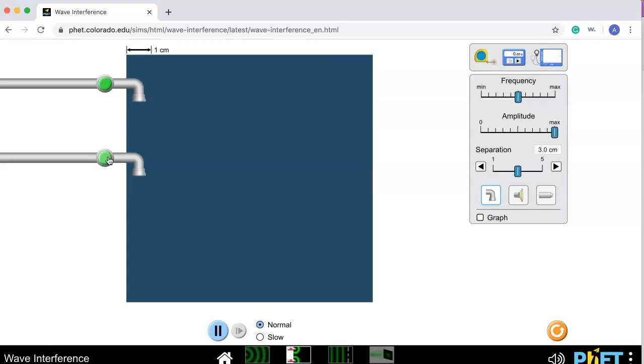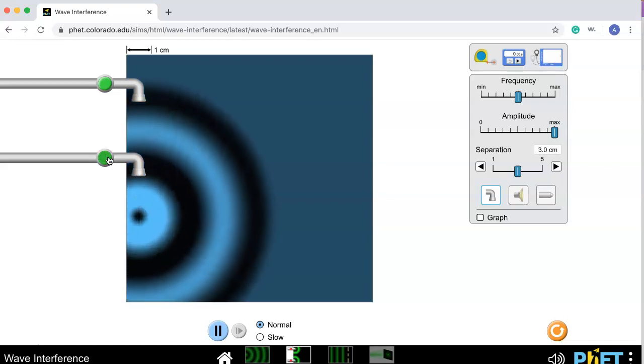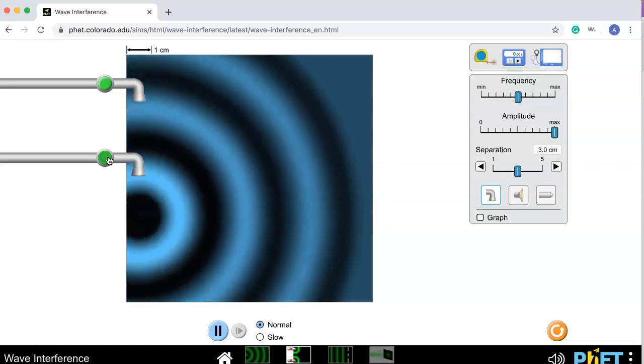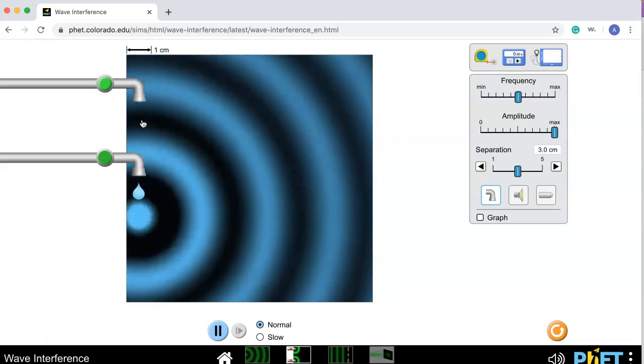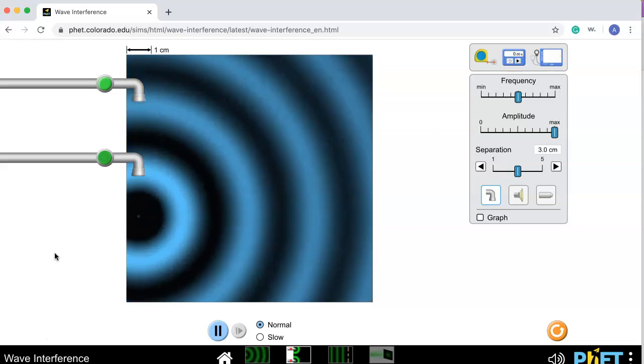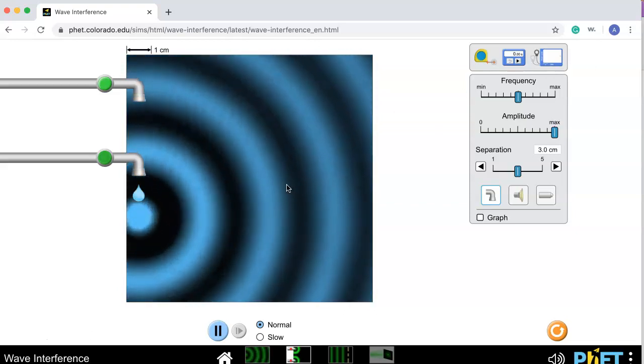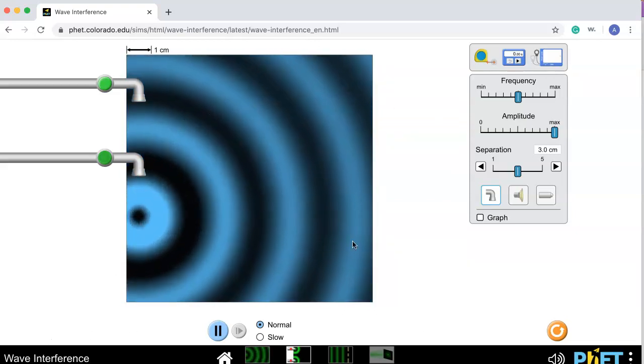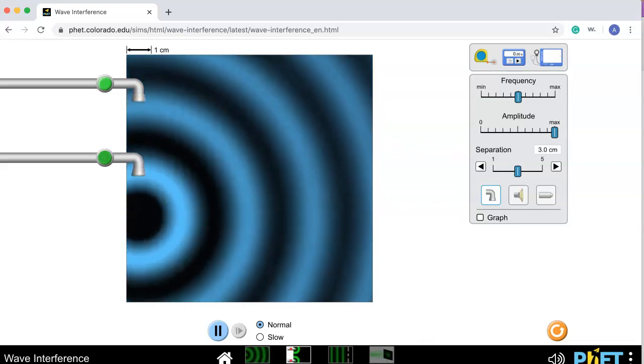All right, so first let's just turn on one of these, right? So you have one source and you have these wavefronts, these ripples that move away from the source and they keep going. You see part of a circle and each of these circles grows.